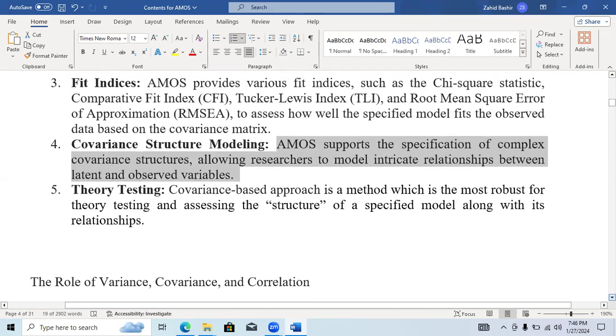Using the covariance based approach, you can test a background theory, and it is the most robust technique for theory testing and assessing the structure of a specified model along with its relationships. So when you are going to test some theory based on the structure and the relationships provided in your model, you are basically going to use the covariance based approach. So this approach supports theory testing.